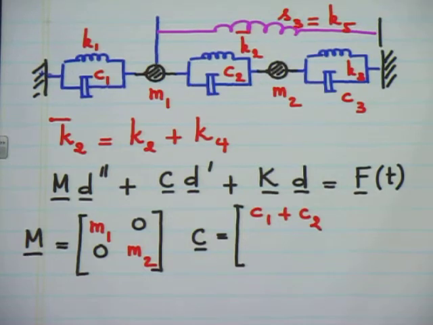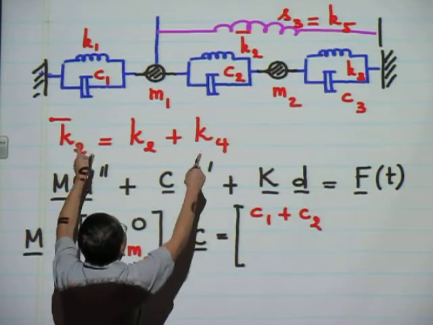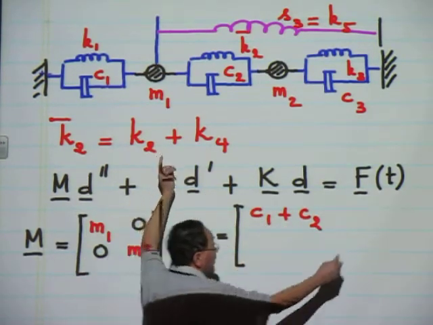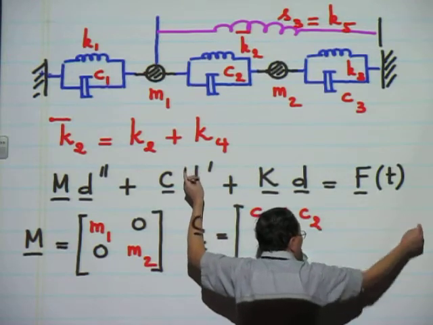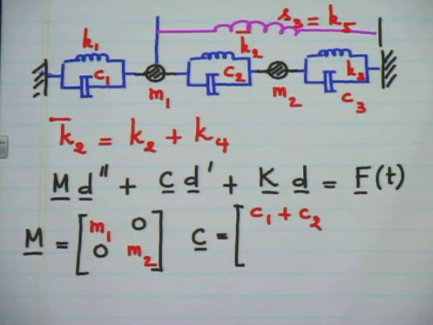Remember, like I explained last time, the mass M1 is between C1 and C2. So the coefficient that corresponds to the displacement of the mass M1, which is here, this D1, would be the sum of these two, right? What next, Kevin? My negative C2 in the top right. Okay, so let's take care of the diagonal first, right? So what would be? C2 plus C3. Right, C2 plus C3.